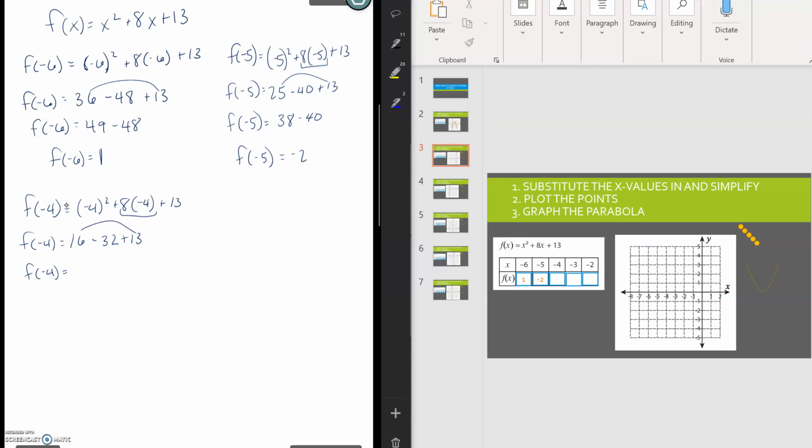Again, I'm going to use the strategy of combining my positive numbers together first. 16 plus 13 would be 29. So f(-4) would equal -3.